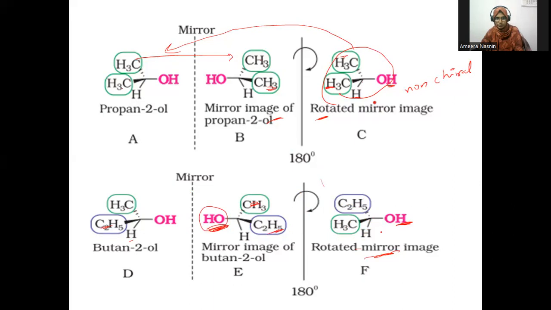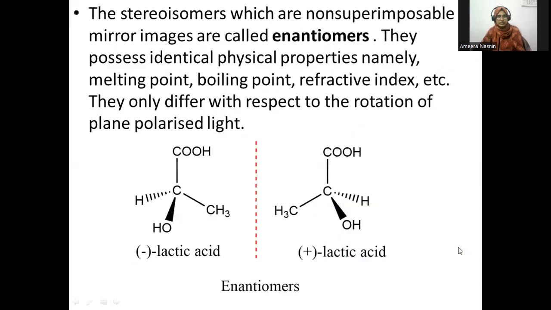If we try to superimpose this over this one, we cannot, because on the dashed line we have a methyl group here, but there we have an ethyl group. And on the wedge we have an ethyl group in the first structure, and here we have a methyl group. So it will not sit perfectly over one another. So the second molecule, butan-2-ol, is an example of a chiral molecule. I hope it is clear.